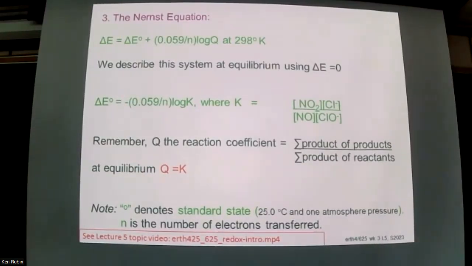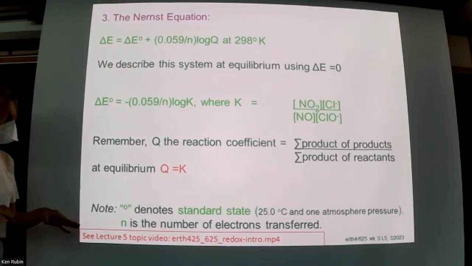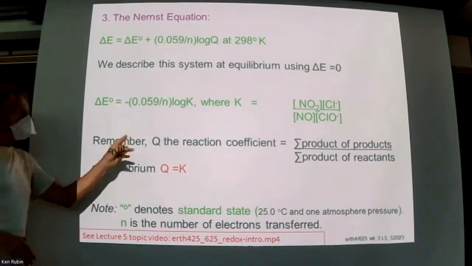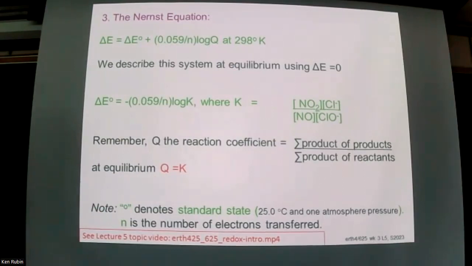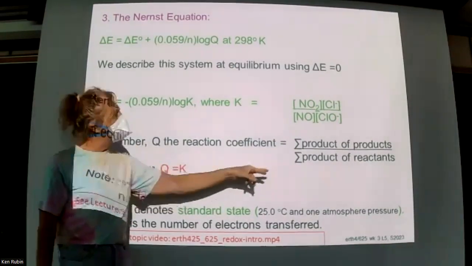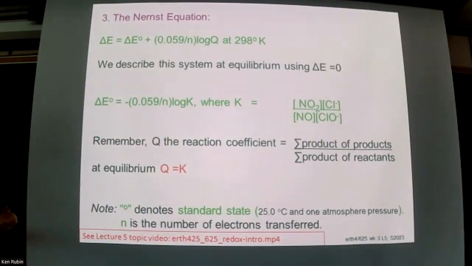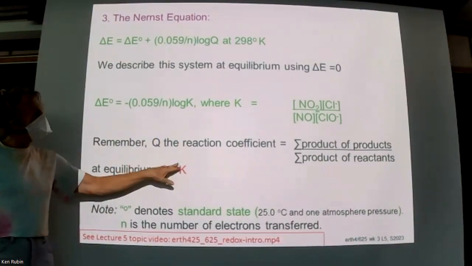So I just want to emphasize for you something I've said before already, that when we write out chemical reactions, what we're really writing, when we write the expression of the products over the reactants, is something called Q. It's a reaction quotient. This special case where the proportion of the chemicals that go in here are exactly what is predicted at chemical equilibrium makes that ratio into something called K, the equilibrium constant.